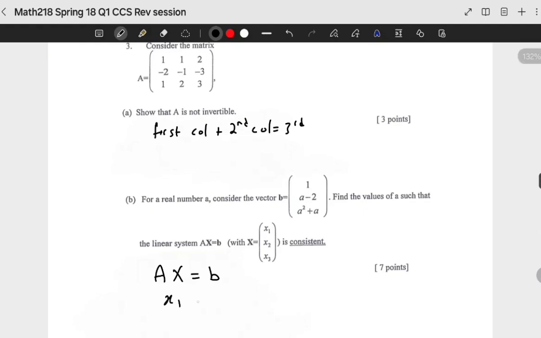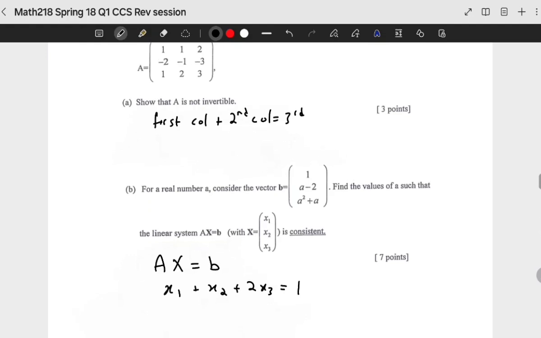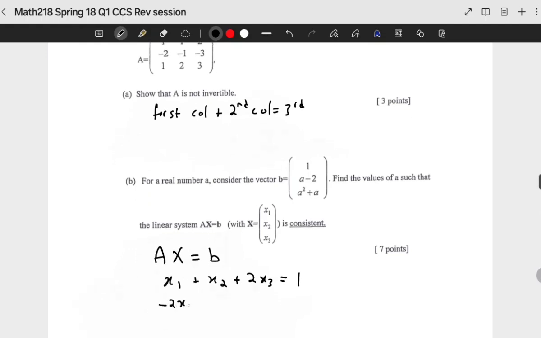We have x1 plus x2 plus 2x3 equal to 1. We also have minus 2x1 minus x2 minus 3x3 equal to A minus 2.